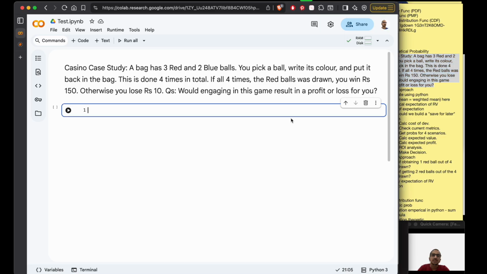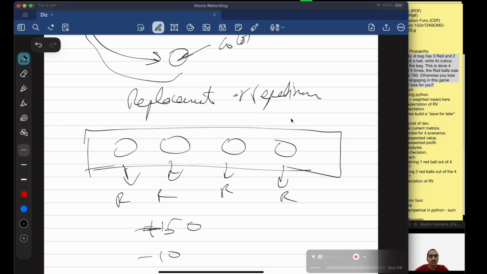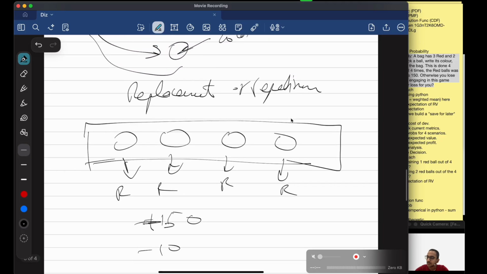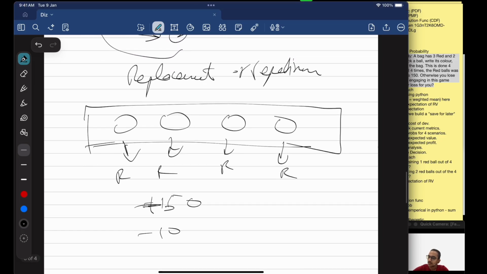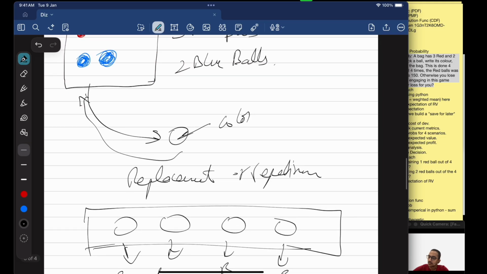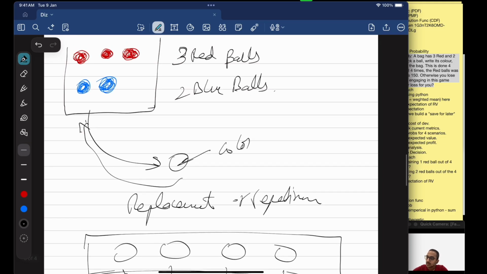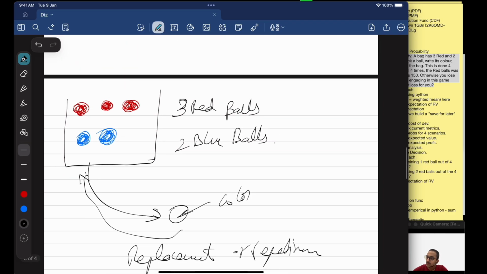Again, let me just briefly tell the probabilities here. Obviously, this is pretty straightforward. The probability of getting a red would be how many? 3 out of total 5, right? No matter how many times I try to pick red, it's going to be 3 out of 5 because it's with replacement.